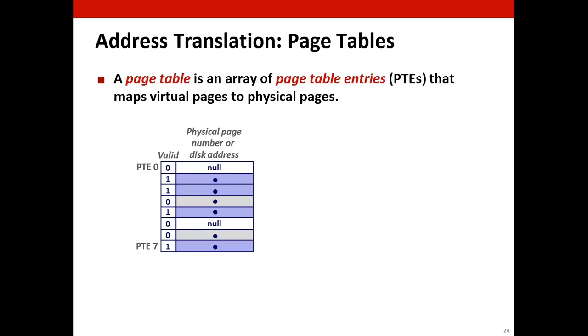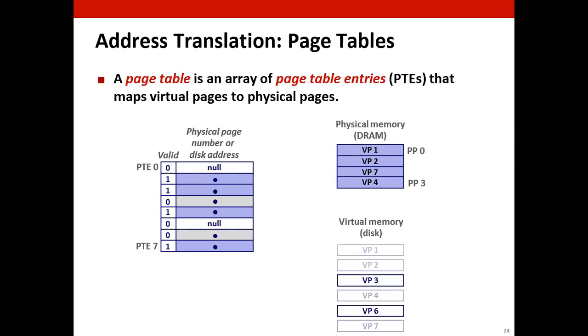We use our virtual address, or part of the virtual address, to index into this table, find the right page table entry, which will then contain the physical page number for where to go in the main memory, or tell us where on the disk we can find that page, so we can go and get it and bring it into the main memory and find the place for it, right?